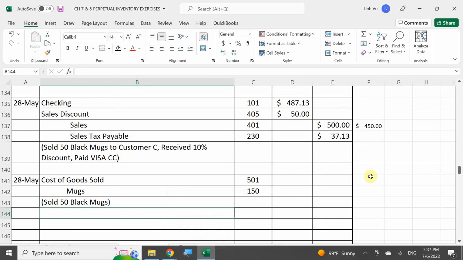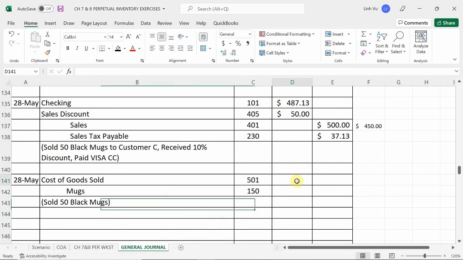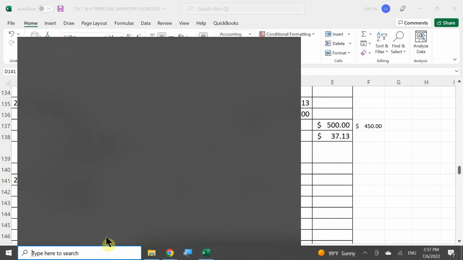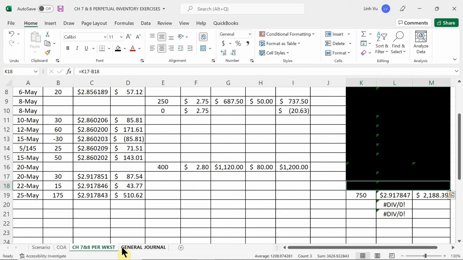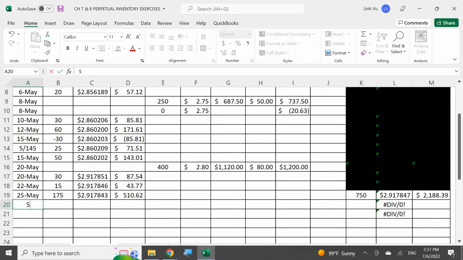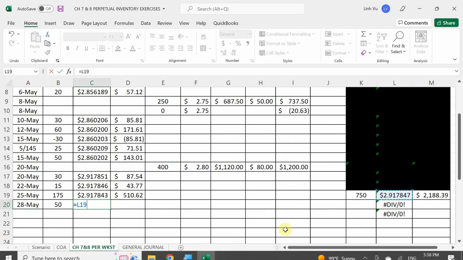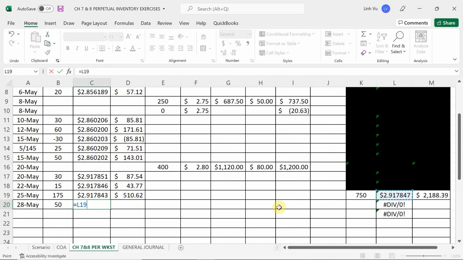Okay. So if we sold the 50 black mugs, how much is it going to cost me? So again, today is the 28th. We sold 50 mugs at what cost? $145.89. Total cost of goods sold is $145.89.